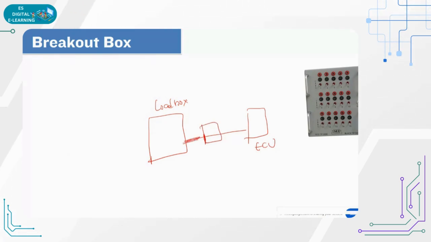Whatever harness you are giving here to the ECU directly, in between we are taking the breakout box, because A to A1, A1 to A2, you need to give the connection. Here we have A1 and A2. So now similarly, instead of that A1, A2, you'll give this connectivity. From here, you will take this. Okay, now it is working fine.